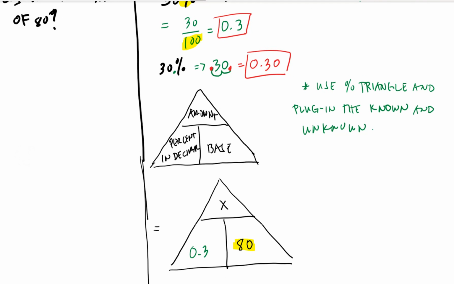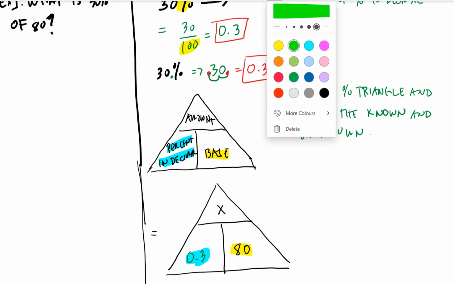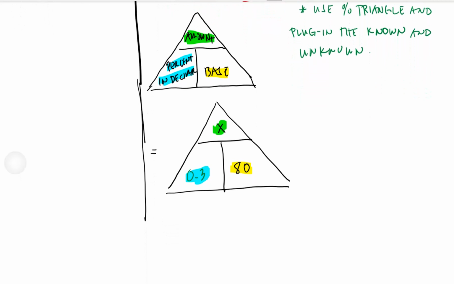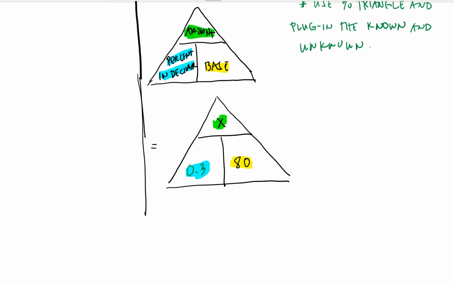The percent in decimal is 0.3, and the amount is the unknown, which is X. So how would I solve for X? In this case, the next step would be to solve for X.